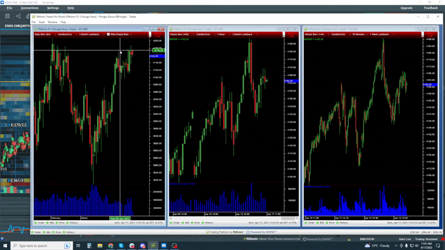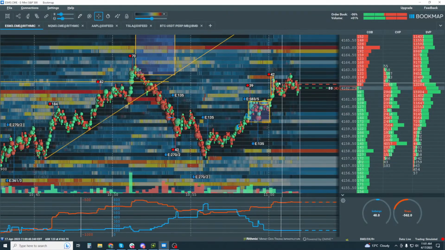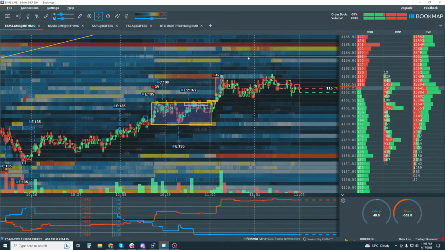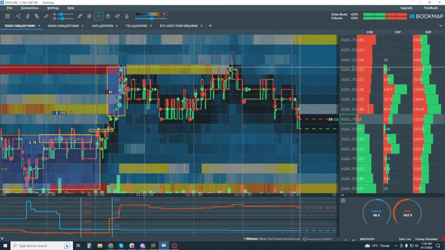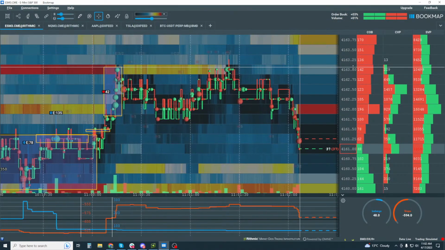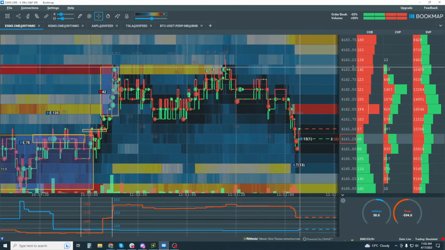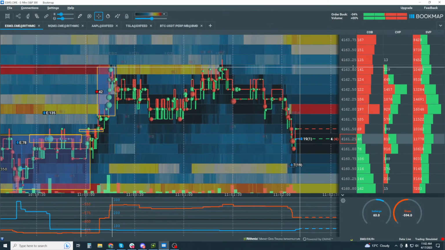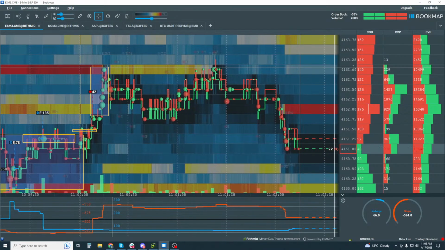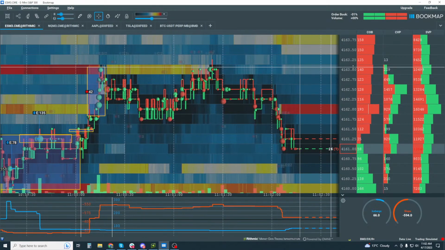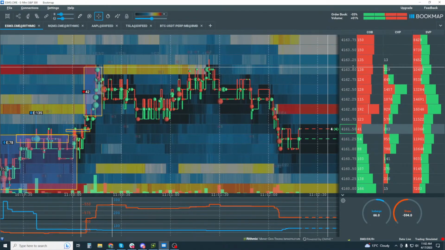Okay, so looking at all of these different setups in different time frames, you can look at your higher time frame. Maybe you're looking at a choppy day. Well, take advantage of some smaller time frame moves then. Fade the outside edges. Look for the moves back in.